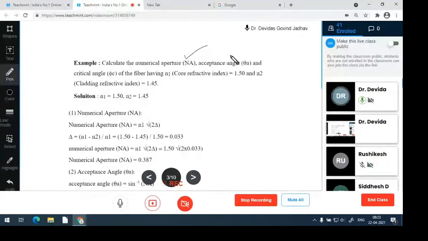We'll just have a recap. We have to calculate the acceptance angle theta A, the critical angle phi C, and the numerical aperture of the fiber having N1, that is the core refractive index, 1.5, and N2, that is the cladding refractive index, 1.45.